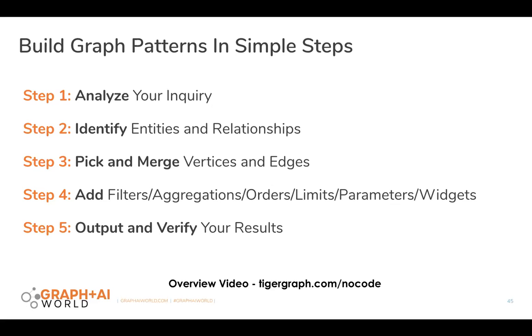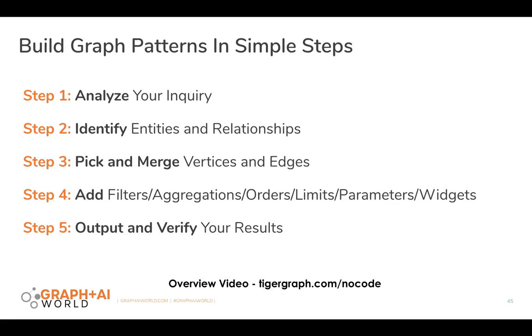After you find the entities and relationships, they have corresponding vertices and edges in your graph schema. Then, step 3, pick and merge some of the vertices and edges that you're trying to use to find the answer. Pick and merge is a very important step, and with that, you can construct a graph pattern.